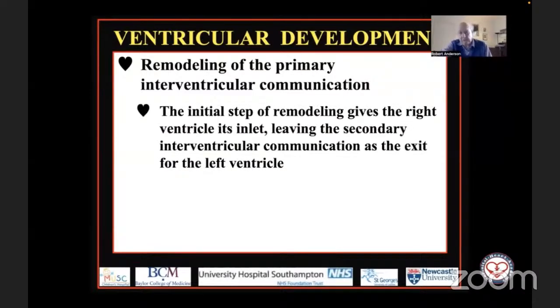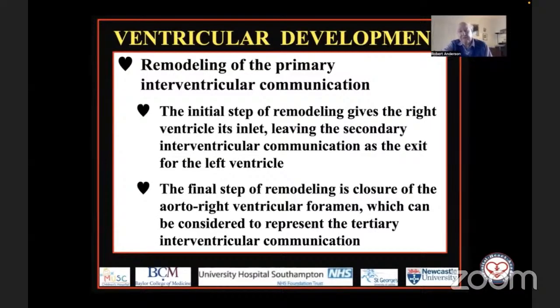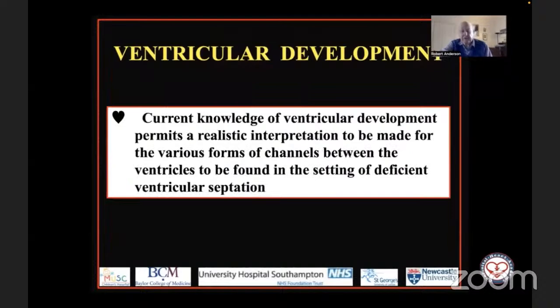I hope I've shown you how, subsequent to the initial stage of development, that primary foramen has become the secondary foramen, that is the exit, the left ventricle. And then the final step in remodeling is to close the tertiary communication, which is the aorto-right ventricular foramen, which remains after the embryo has built that shelf in the roof of the right ventricle.